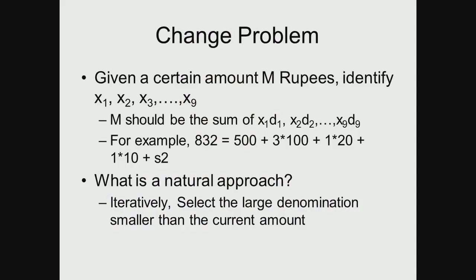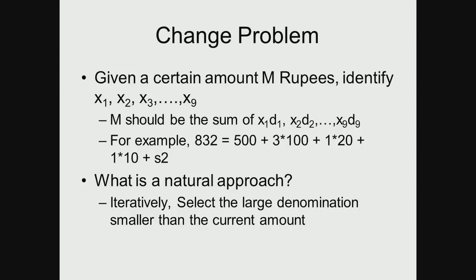Naturally, we wish to carry as few notes and coins as possible, and the generic question is, given m rupees, identify 9 variables. These are positive integer valued variables, such that the m rupees can be written as a sum of x1 times the first denomination D1, x2 times the second denomination D2, and so on up to x9 times the 9th denomination D9.